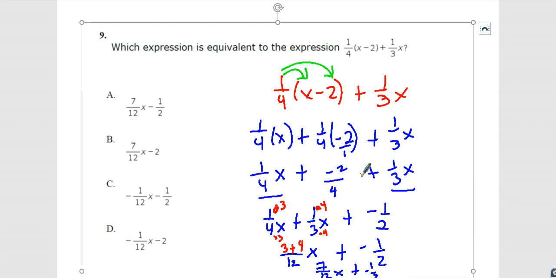And so what you'll see is that that's just 7 over 12x minus 1/2. Because adding a negative is really just subtracting. Minus 1/2. And there we go. Making sure that all of our signs are right, and yep, we're in good shape.